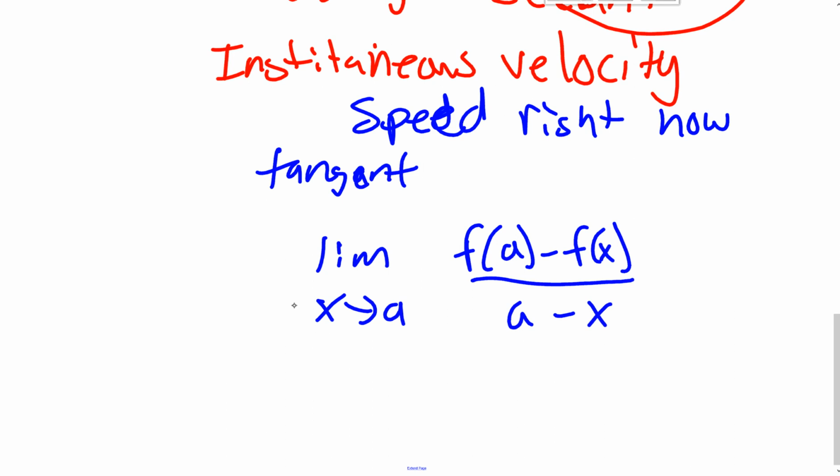It's that limit as we get closer and closer to that a value. Or switch those around: f(x) - f(a) over x - a, as x gets closer to a. So we realized that instantaneous velocity is really finding that slope, which is the same as taking the limit, getting closer and closer to that point, right? So that's what we call the derivative.